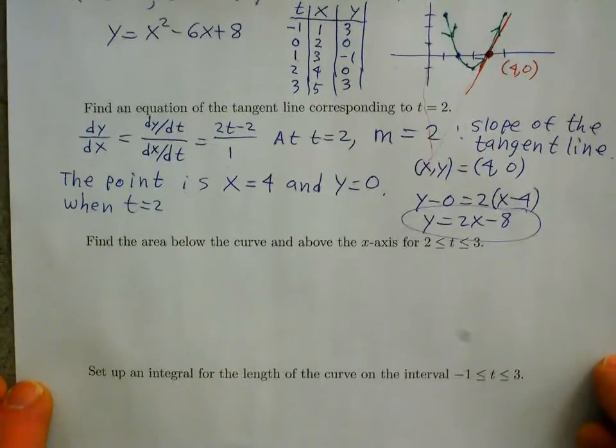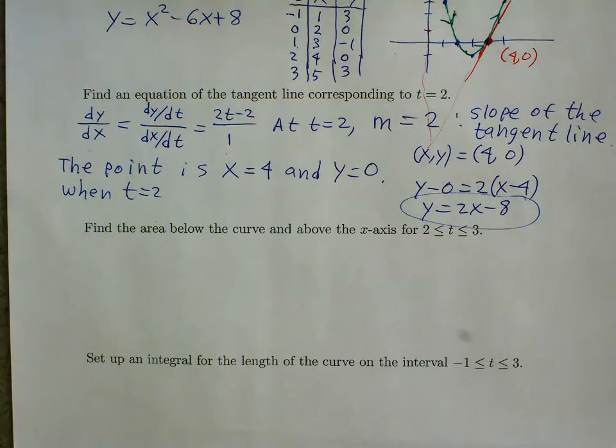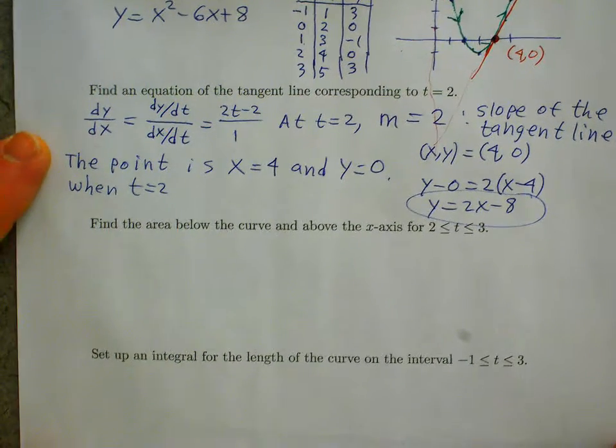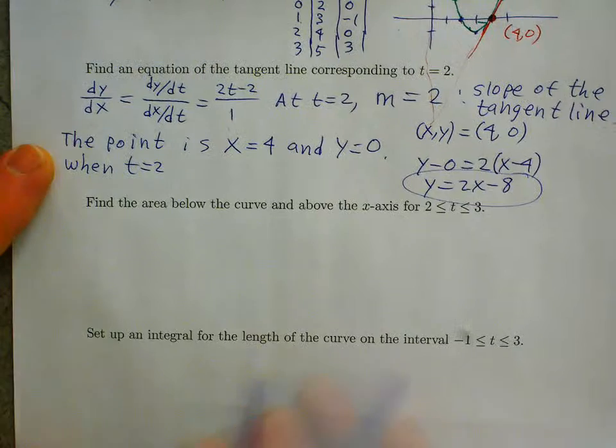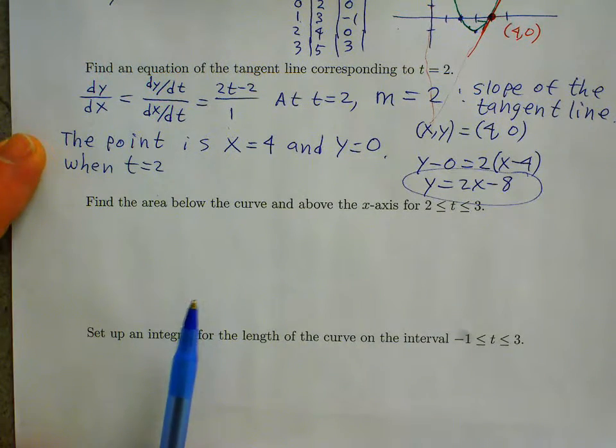Okay, the next part, find the area below the curve and above the x-axis for values of t from 2 to 3. Okay, so a reminder about the area below a parametric curve.